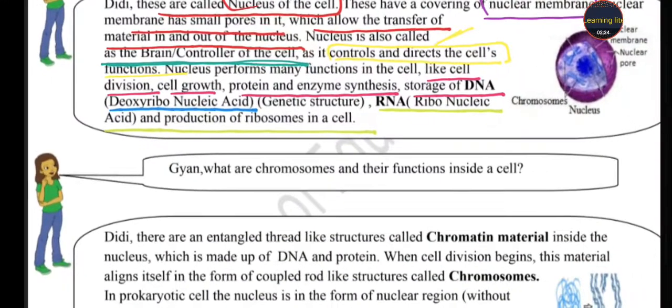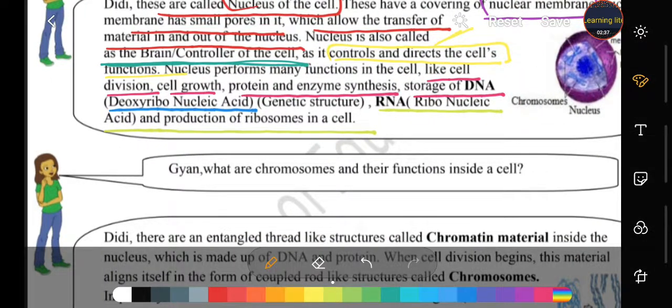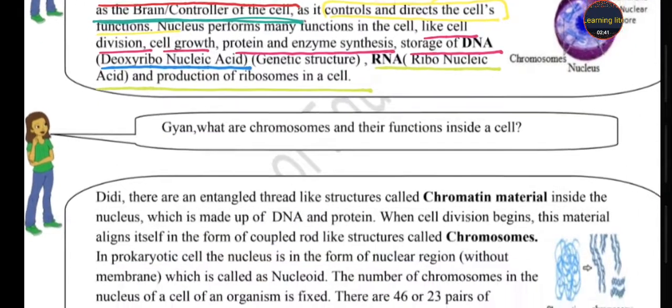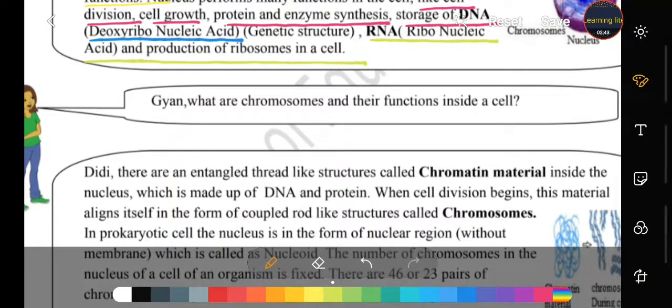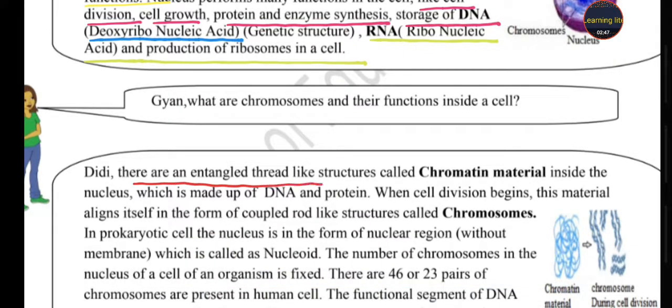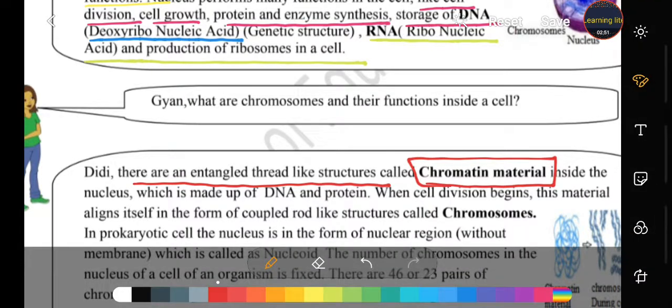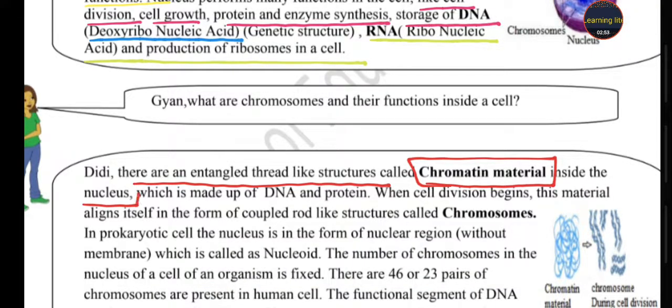Jigyasa asks Gyan, what are chromosomes and their functions inside a cell? Didi, there are entangled thread-like structures. These thread-like structures, students, are called chromatin material, and this material is found in the nucleus.